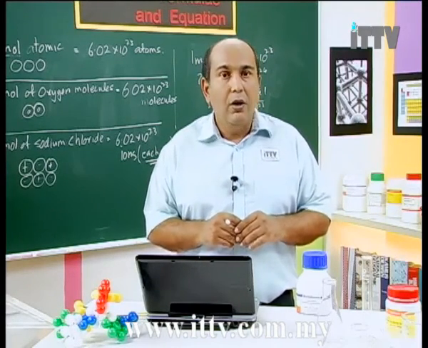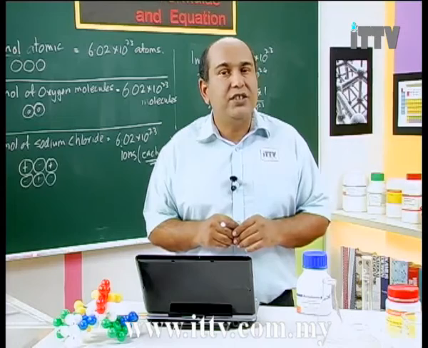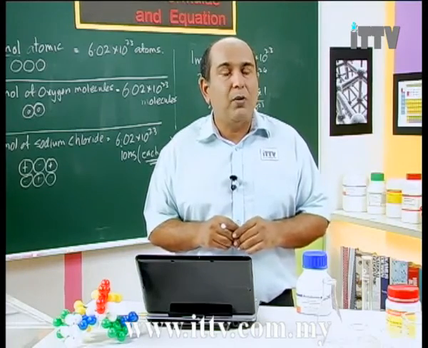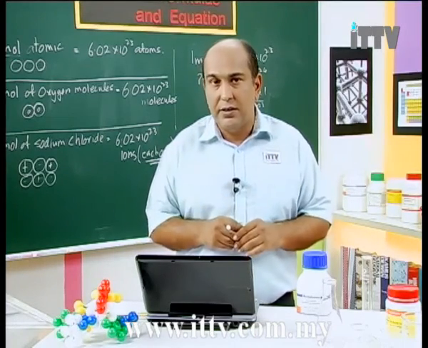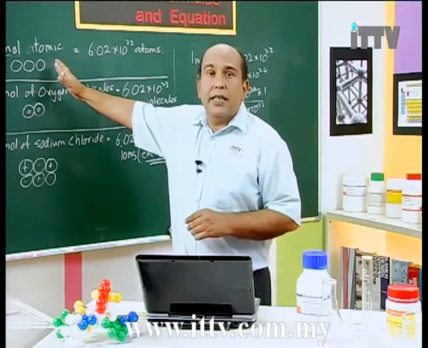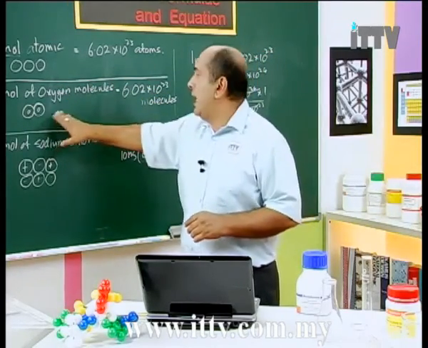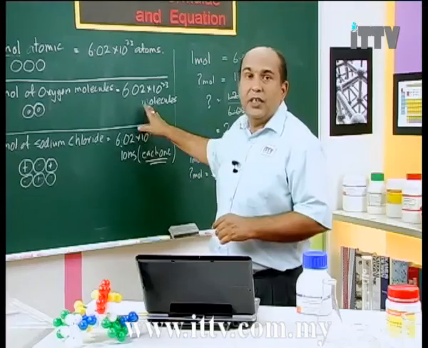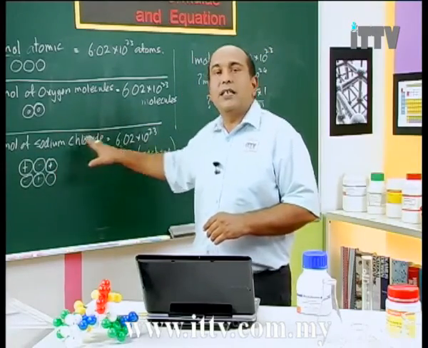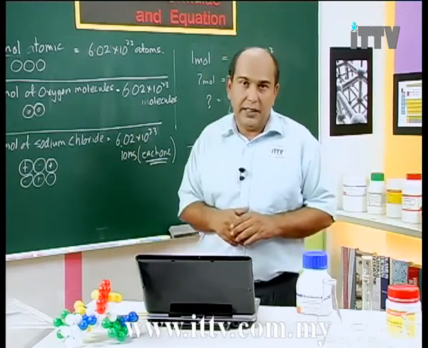Finally, remember the first key thing about the mole. 1 mole contains 6.02 times 10 to the power 23 particles. If it's atoms, it has that many atoms. If it's molecules, it has that many molecules. If it's ions, well then it has that many ions in it.